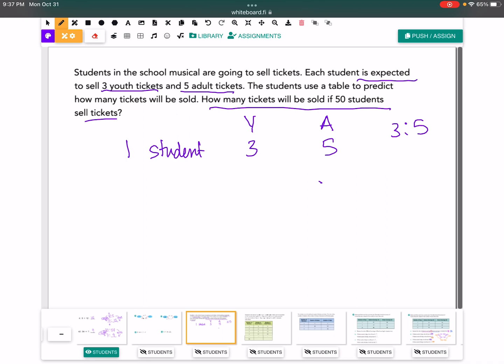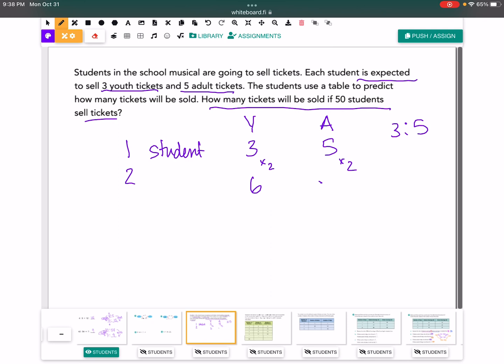That's a 3-to-5 ratio. Well, if 2 students sell tickets, then we're just going to multiply each term by 2, right? And we're going to get not just 3 youth tickets, but 3 times 2 youth tickets sold, and that's going to be 6.